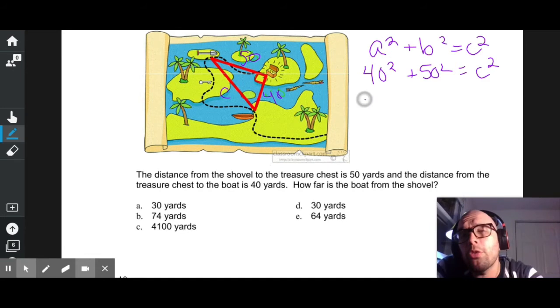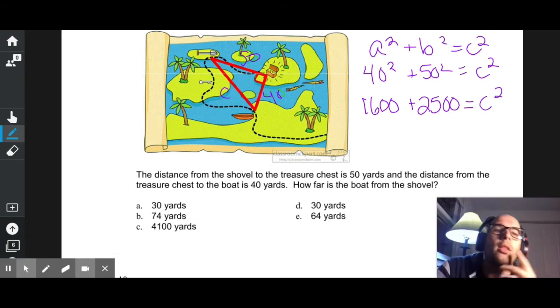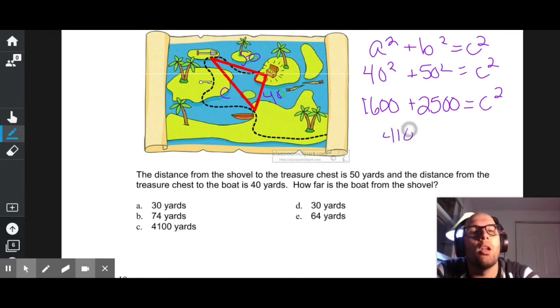So if 4 squared is 16, then 40 squared is 16 with double O's attached. And if 5 squared is 25, then 50 squared is 25 with double O's attached. And then I have C squared. 16 plus 25 is 41 with a double O. That equals C squared.